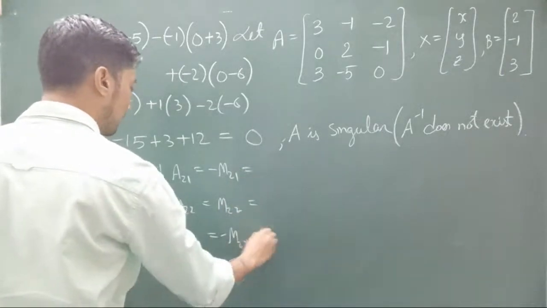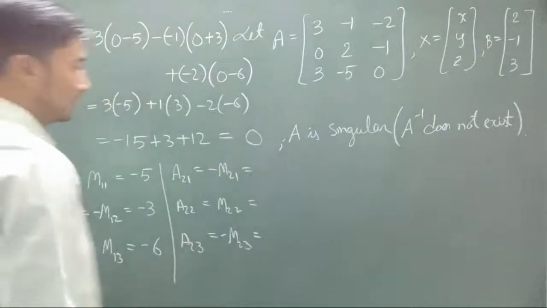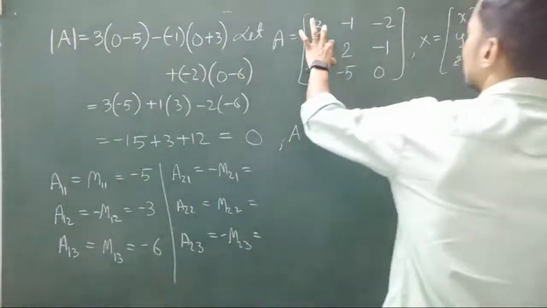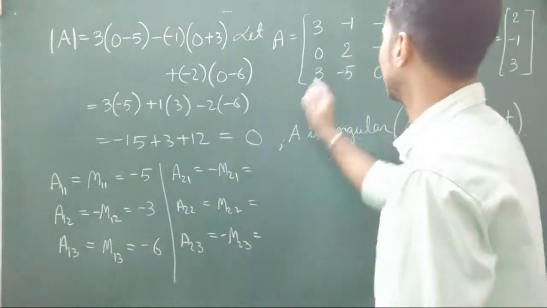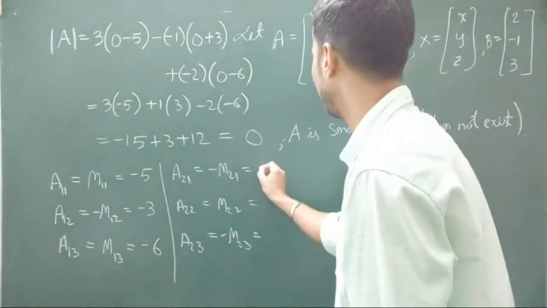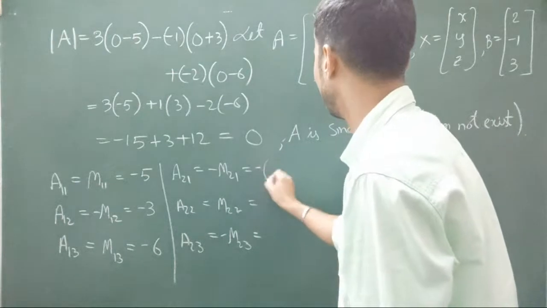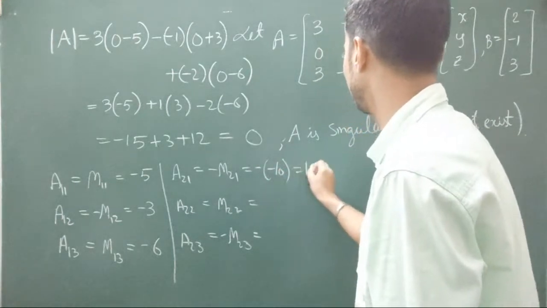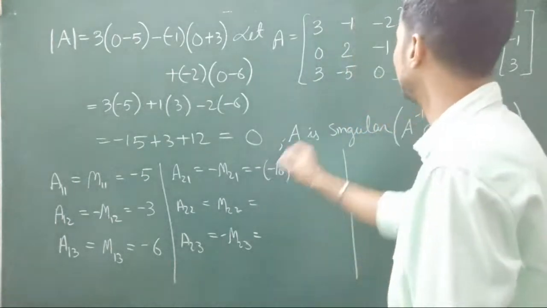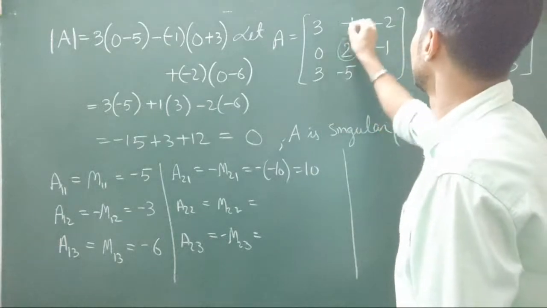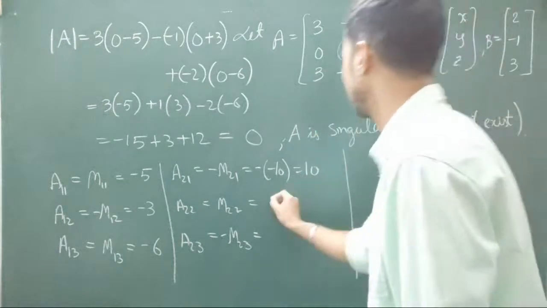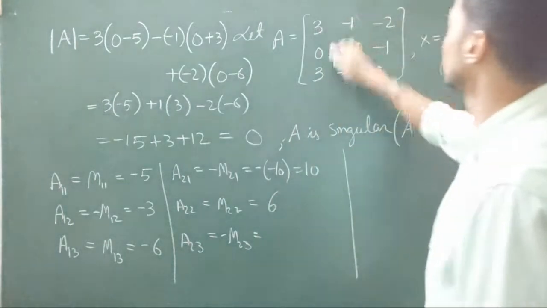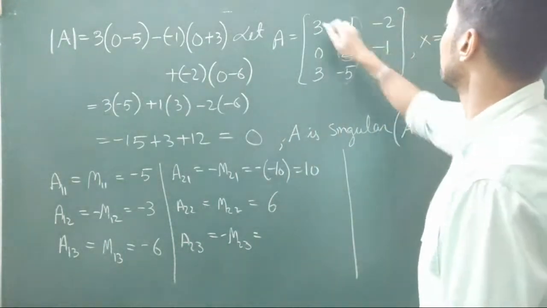How much will that be? M21: 1 0 is 0, minus 5 2s are 10, minus of minus 10, so that will be 10. M22: you just remove this, 3 zeros are 0, minus minus plus 6, so 6.